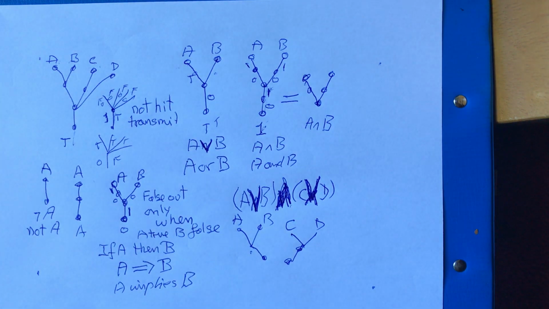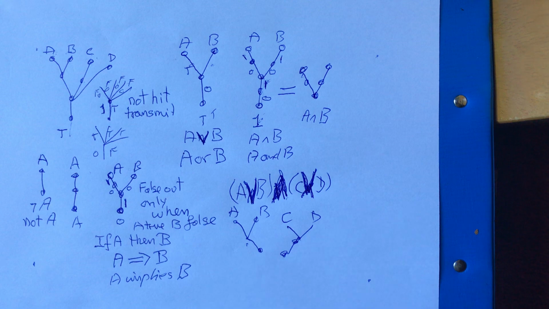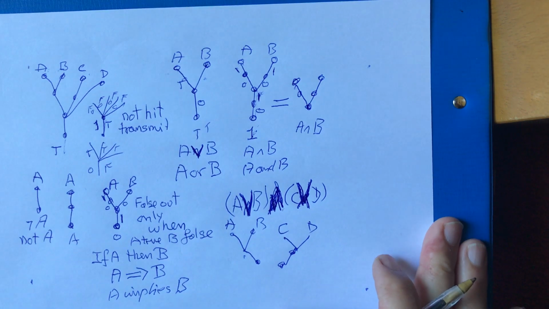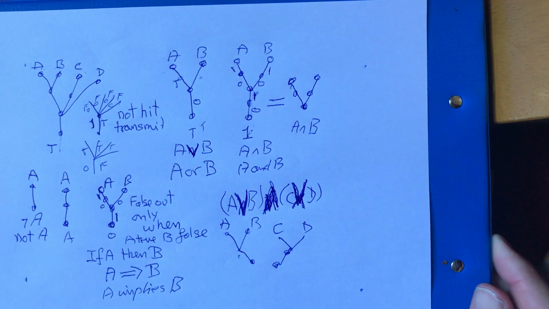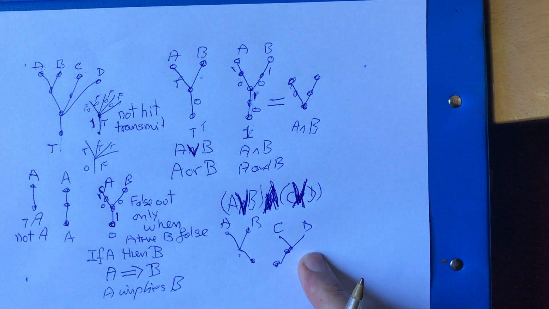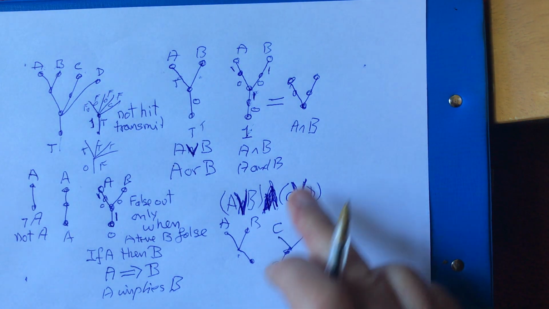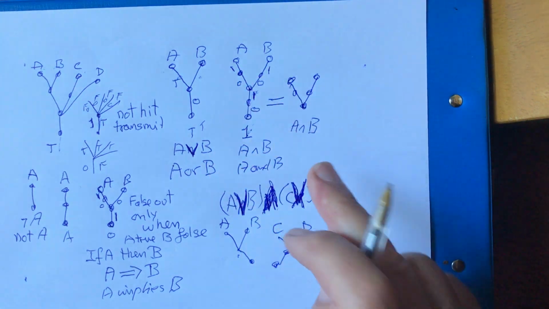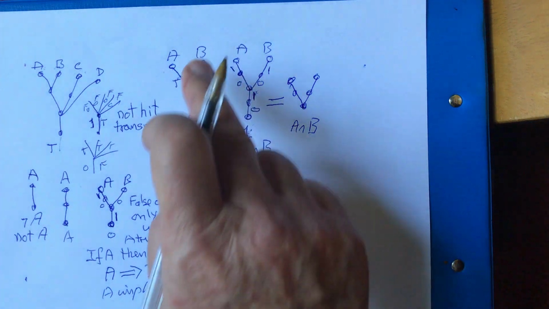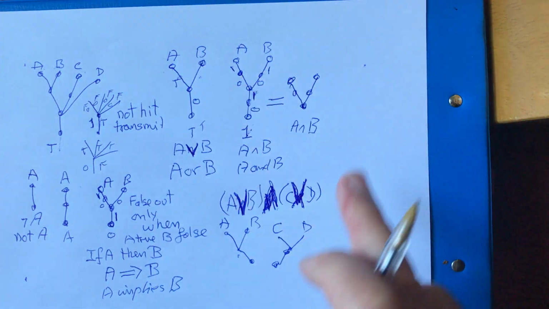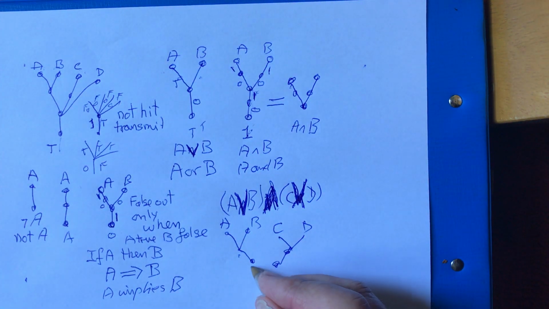Sorry, that's made a bit of a mess. So that's A or B, that's C or D. And now I want to AND these together, but this is how you AND. So instead of A and B in here, I put A or B, and instead of B, I put C or D.